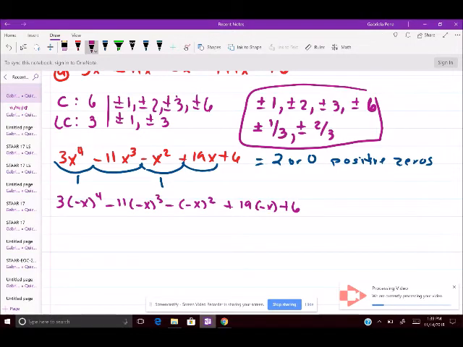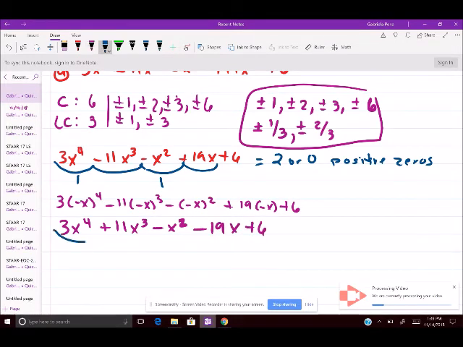So the negative x to the 4th becomes 3x to the 4th. The negative x cubed is a negative, but what does it have in front of it? So it turns into a positive. Negative x squared becomes a positive, but what's in front of it? A negative, so it stays negative. 19 times the negative x and plus 6, right?